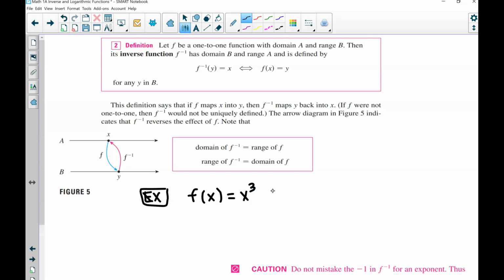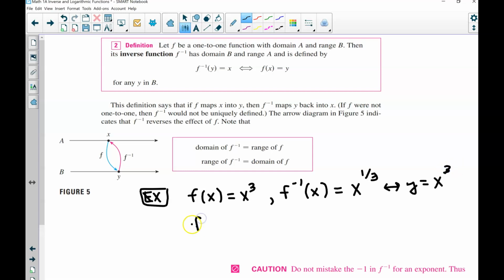And its inverse, we would say this is f inverse of x, would equal the cube root of x, or x to the 1/3. And that's because f of x, or y, is equal to x cubed.